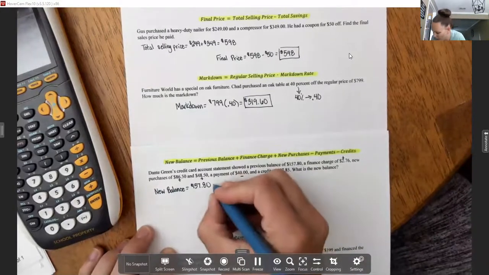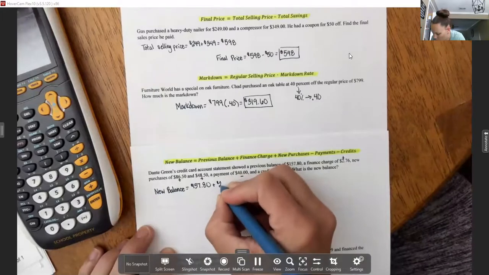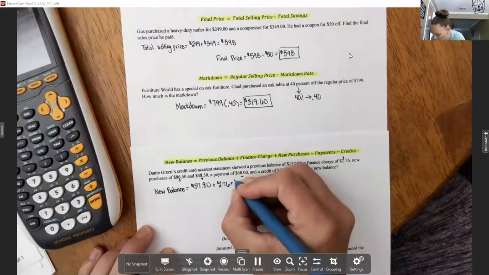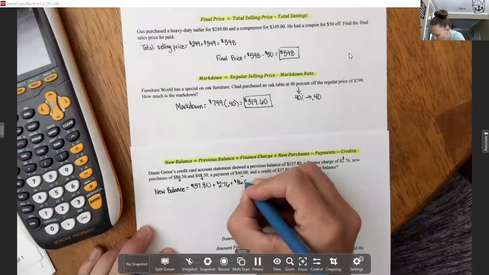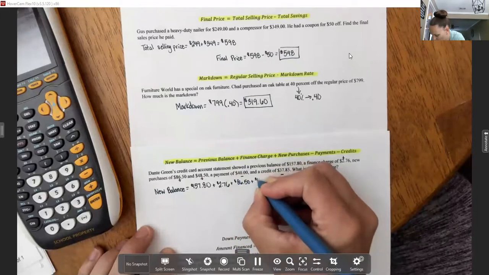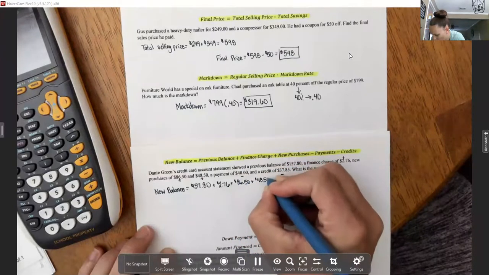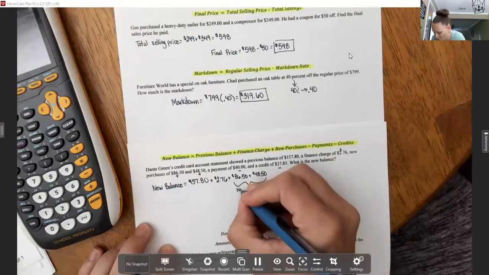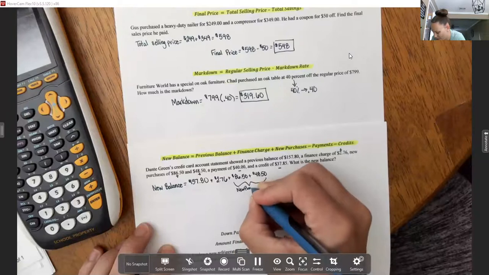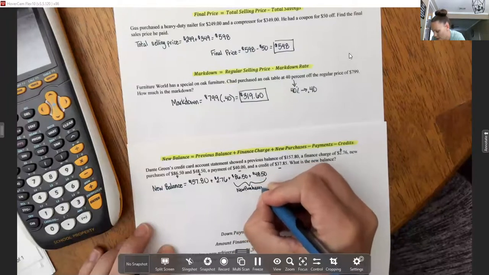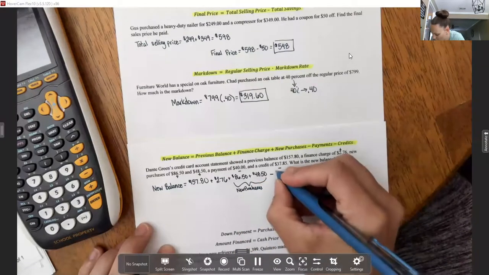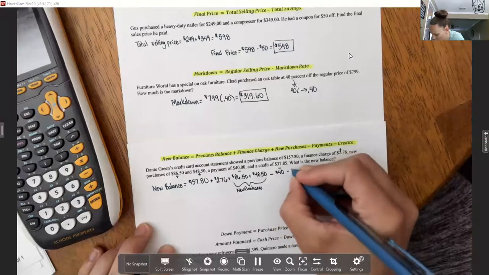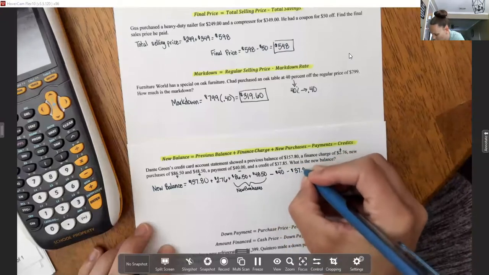So $157.80 plus $2.76 plus $86.50 plus $48.50. And if you wanted to add these two first off to the side to do the new purchases together, you can, but it doesn't make a difference. And then minus the $40 and minus the $37.85.